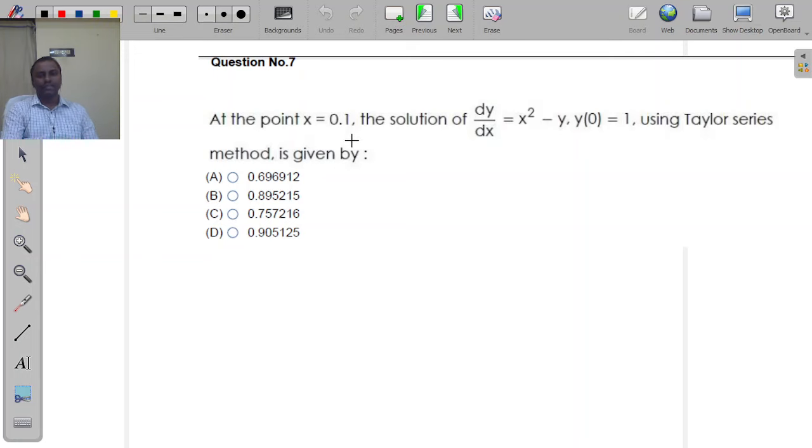By using the Taylor series method, initially at x equal to 0.1, we need to get the solution of this differential equation.